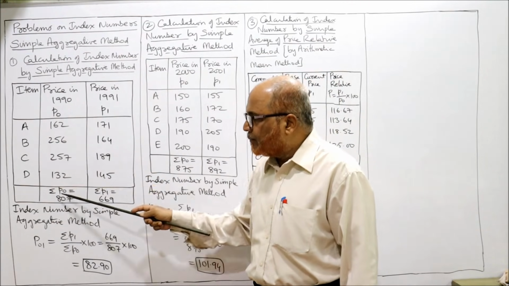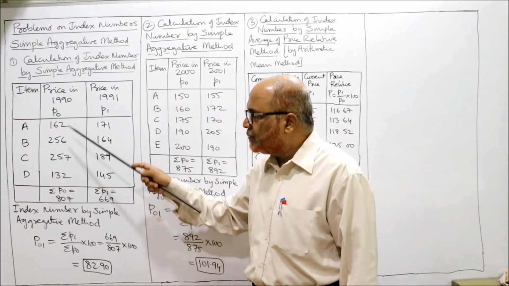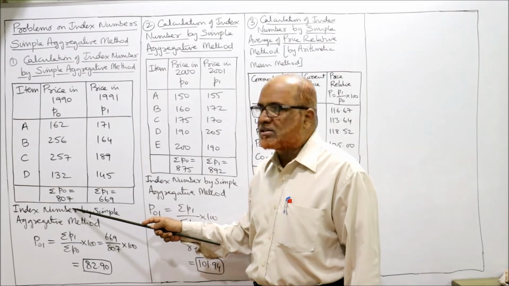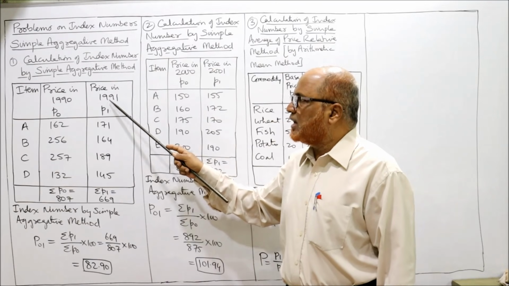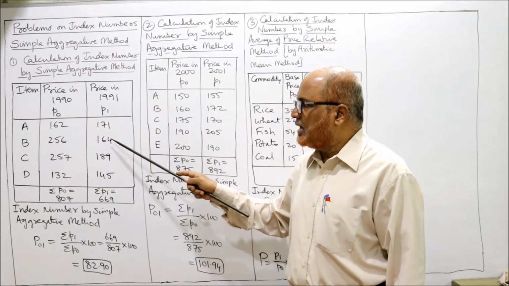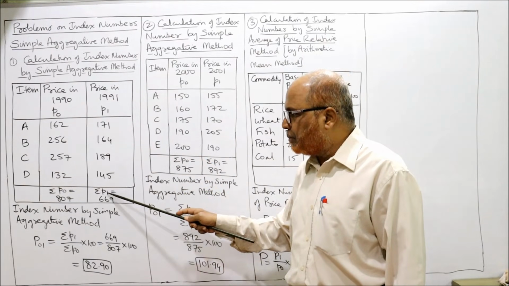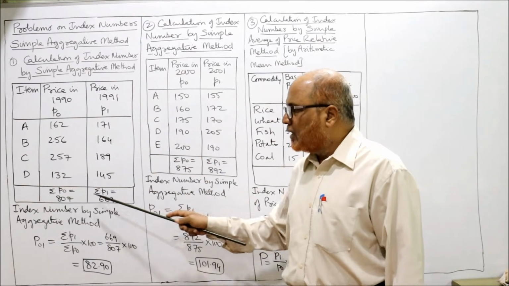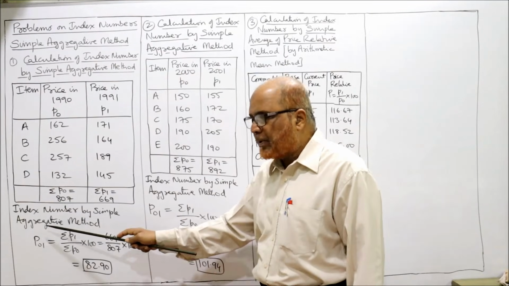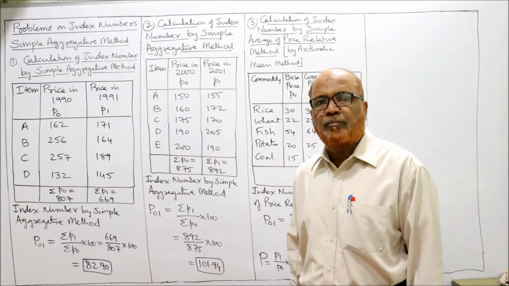I have taken the total. This is called summation P0, 807. Similarly, the prices of current year 1991, P1, 171, 164, 189, 145 are given in the problem. Summation P1 is 669.